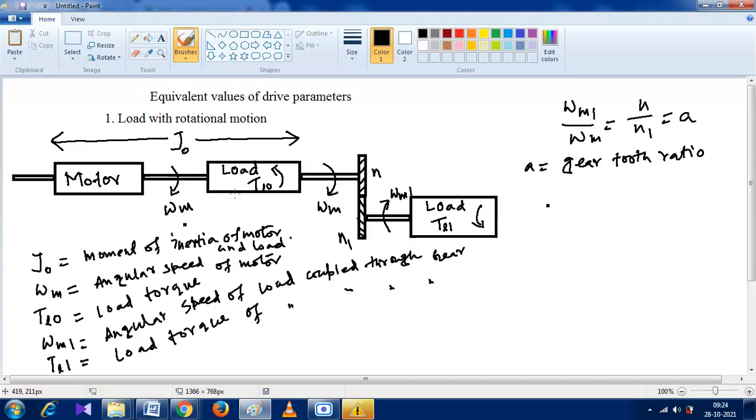So what should be the kinetic energy formula in the case of rotational speed?